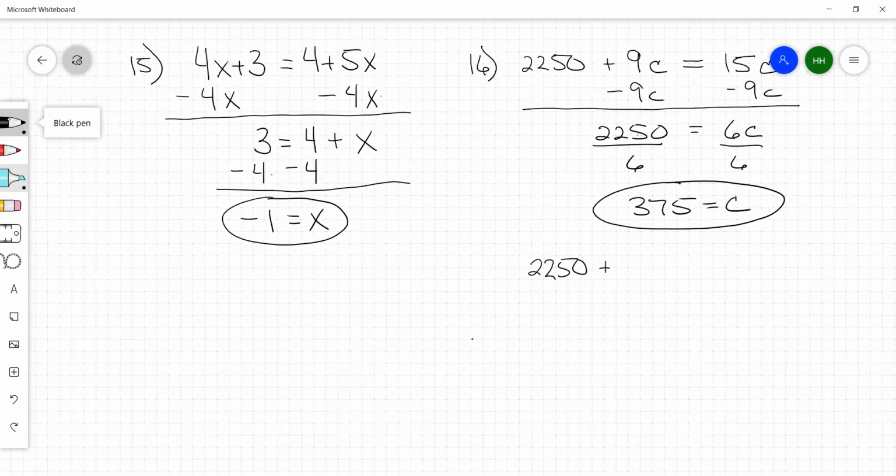So if you sell 50 more, at $6 a camera, you're making another $300, right?